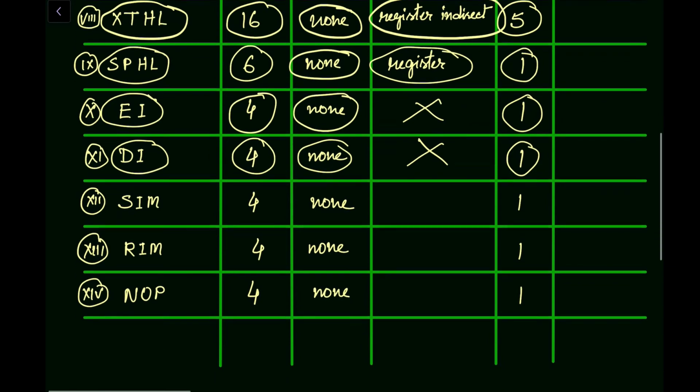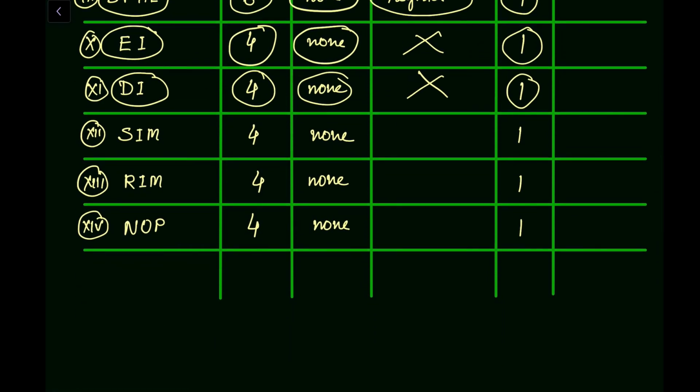Okay, next we have two complex instructions, that is the SIM and the RIM instruction. SIM and RIM are two opposite instructions. These instructions actually need dedicated videos to make you understand, so let me tell you in brief. RIM means read interrupt mask.